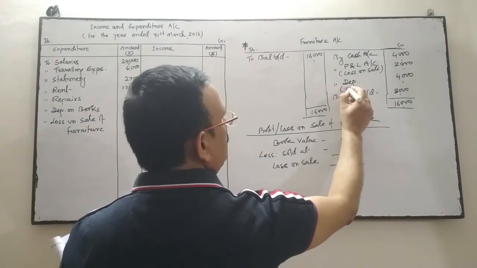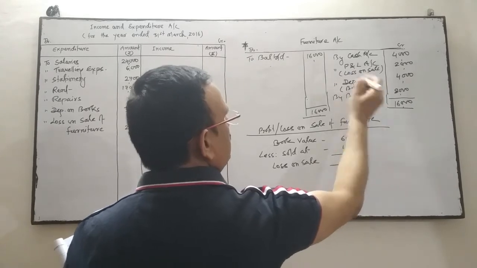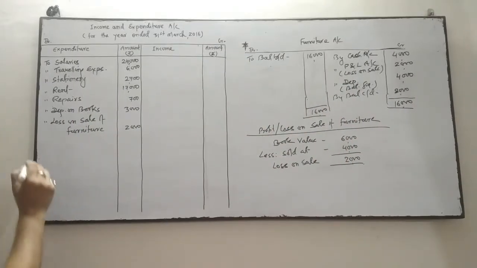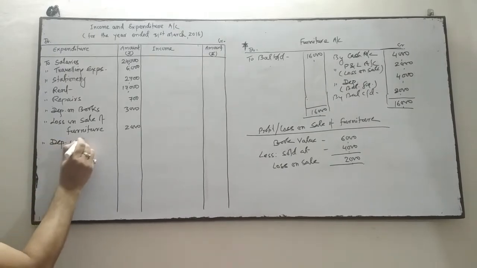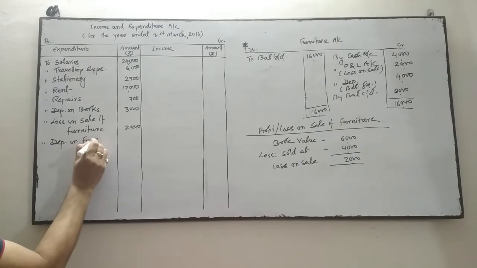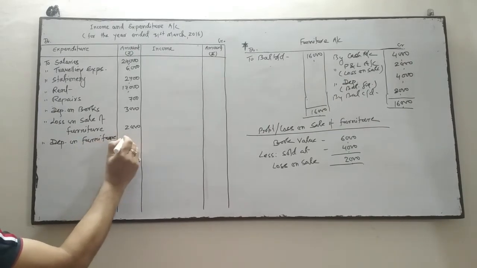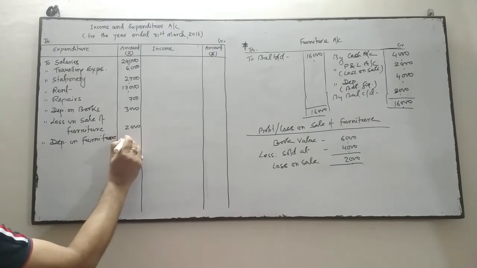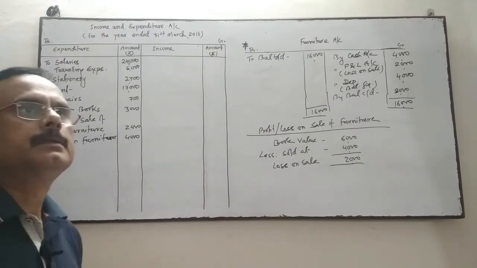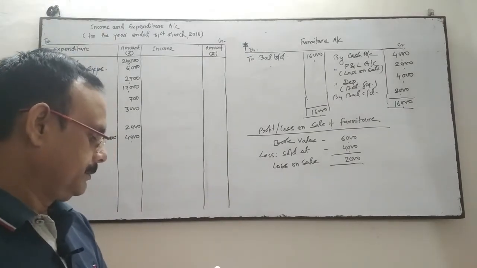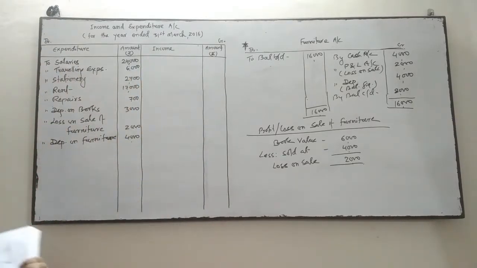This we know through the balancing figure. So we'll write here depreciation on furniture, 4,000.